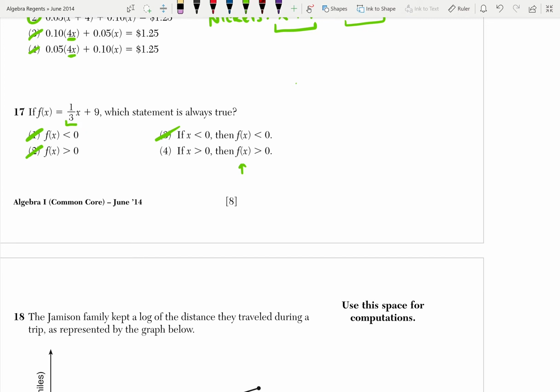And this 9 is a positive number too. So we would have a positive number plus a positive number. A positive plus a positive will always give you another positive number. So that means 4 is correct. If x is positive, then f of x will also always be positive.